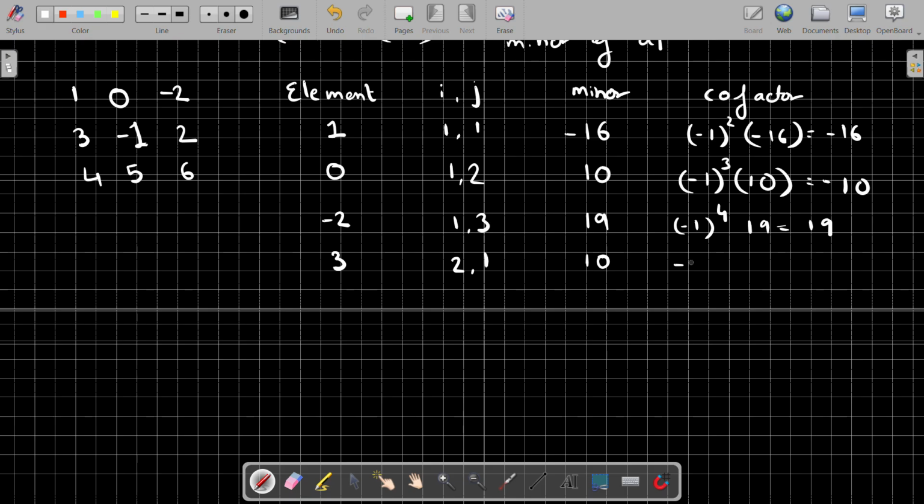Again, -1 cubed into 10 is -10. Element -1, position 2 2. Minor 6 minus -8, that will be 14. And this will be -1 power 4 into 14, which gives us 14.